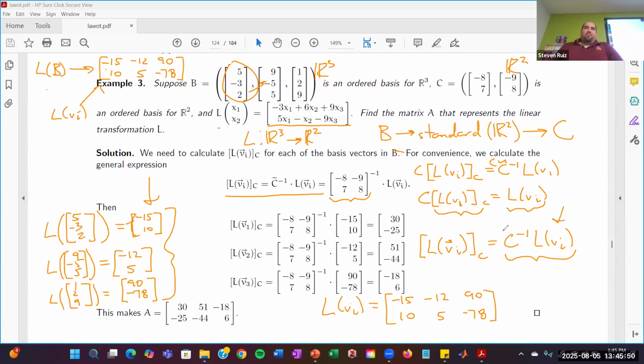But if I want to know what the coordinates in basis C would have got me to the same point, that's why I need to multiply on the left by this inverse. So that's our final step here. Did someone say that they found this matrix was its own inverse? Okay. I'll still write inverse because that is what has to happen.